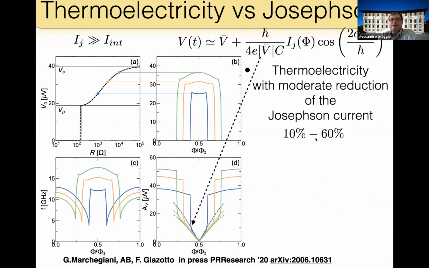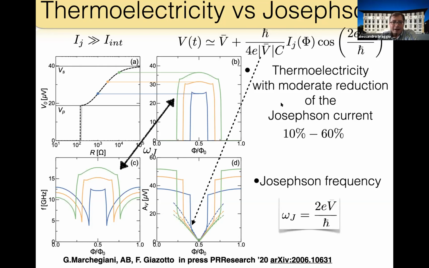And the funny thing is that this thermoelectric effect is also reflected in the Josephson frequency, because the Josephson frequency is fixed by the bias. So you get thermoelectricity at DC voltage, and over it you have a fluctuation of the bias exactly given by the Josephson frequency.